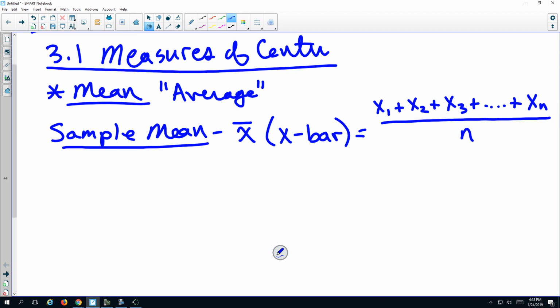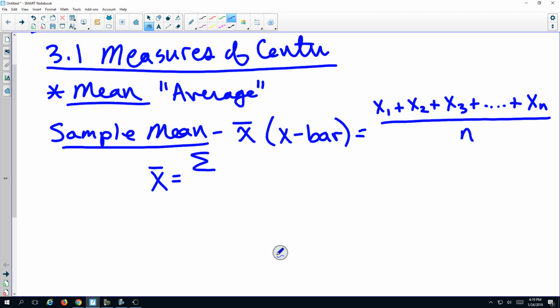And we also use a shorthand for this notation. It's a Greek letter. It's capital sigma. So it looks like a giant E. And that sigma means sum.